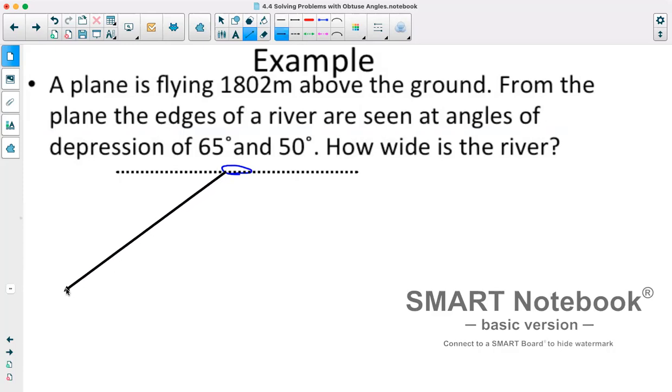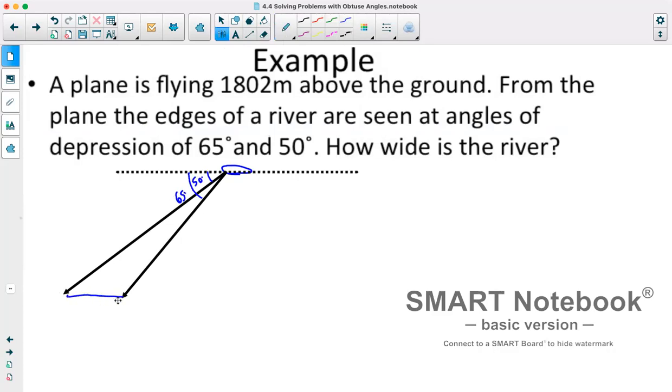So we see one edge of the river at an angle of depression of 50 degrees, and we see the other edge of the river at an angle of 65 degrees. And essentially, this is our river here. We want to know how wide that is.